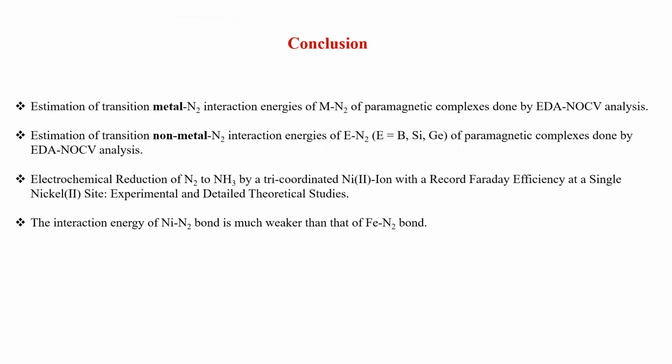Okay, so in conclusion of my talk, we have studied by EDA and UNICV calculations the metal-nitrogen bonds and the role of ligands there. And also we have studied non-metal nitrogen systems like boron, silicon, germanium. And we found that nitrogen to ammonia reduction electrochemically is possible.